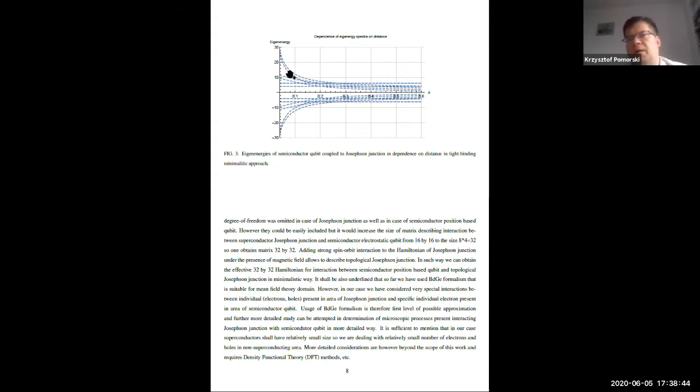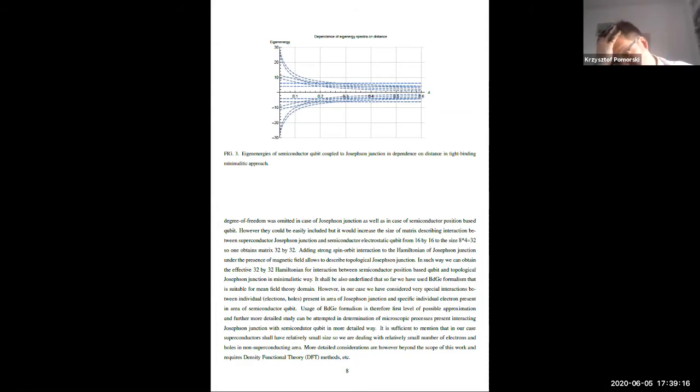But in the case of a semiconductor-superconducting qubit, a very interesting feature is that we have an exchange of ground states. You see this state is the ground state for certain distances between the semiconductor qubit and the Josephson junction qubit, and after 0.2, there's an exchange of these ground states.